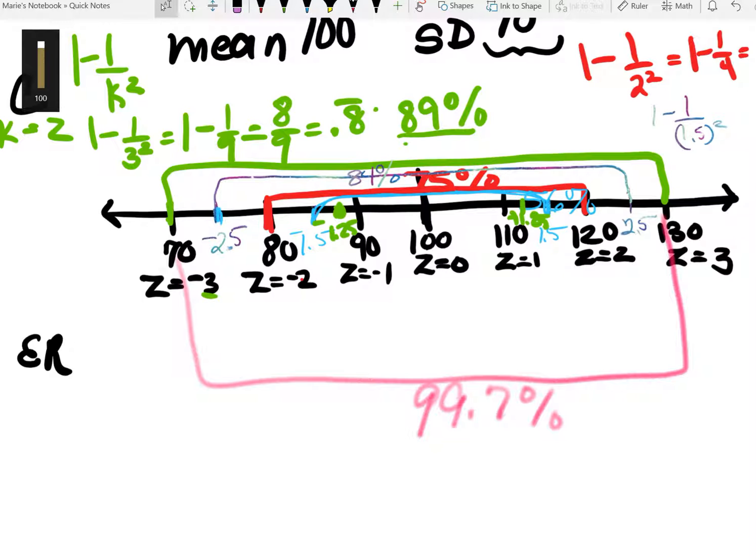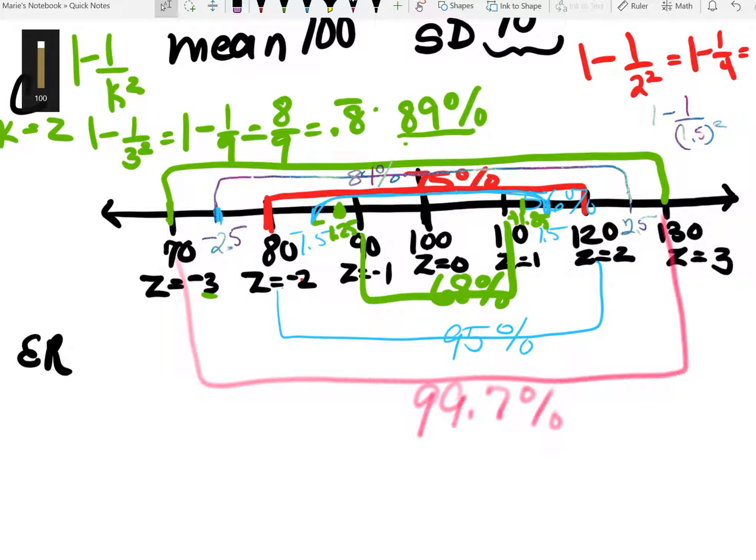The 75 mark for Chebychev is the equivalent of 95% for the empirical rule. And this is just a given, there's no question there. The same thing applies to the 68%, which is between the -1, +1, 68%. There's no formulation required there. And by the way, nor do you have to work it out in Chebychev. I did it so you could see where it comes from.